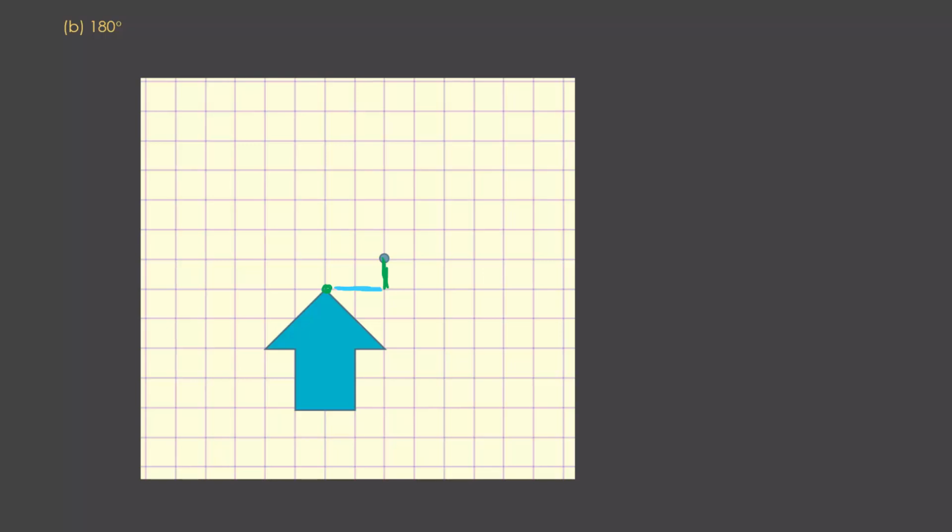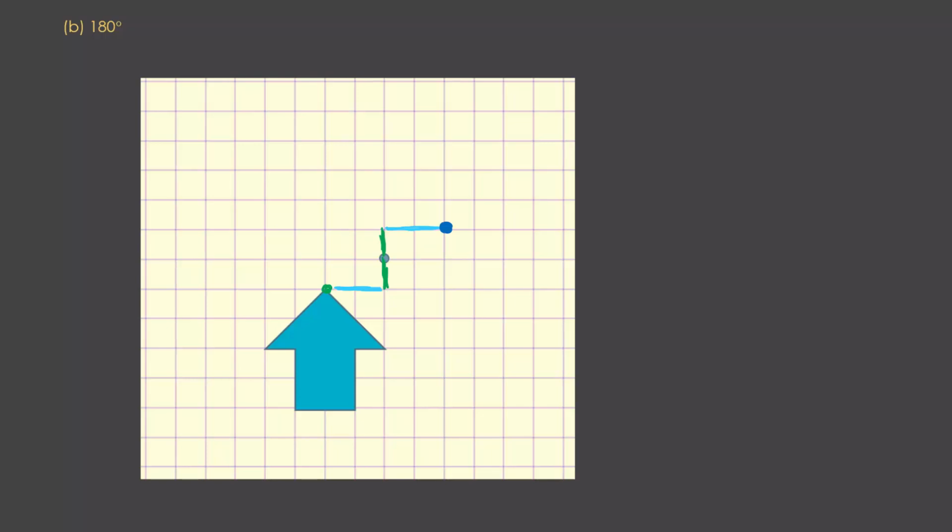So the green, which is pointing down at 6 o'clock, will now point upwards at 12 o'clock. And the light blue, which is pointing currently at 9 o'clock, will go across and point at 3 o'clock. And so that vertex will move to there.